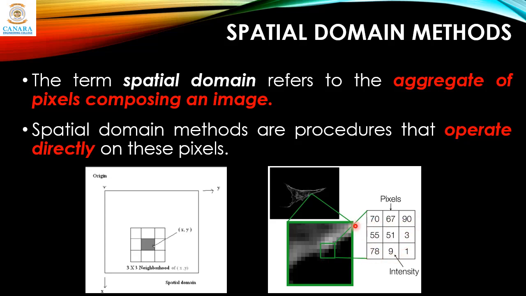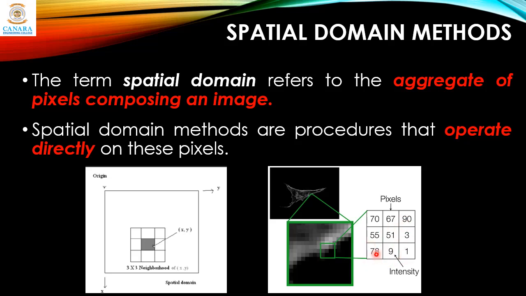This is the spatial domain representation, and this is where we operate on the pixel values straight away. In order to make it more clear, we can reduce the ambiguity by making 9 and 3 and 1 as 0, so that we get a clear-cut representation.